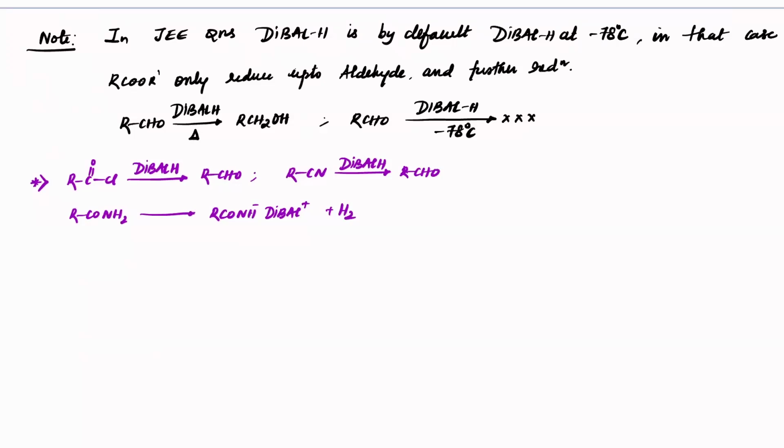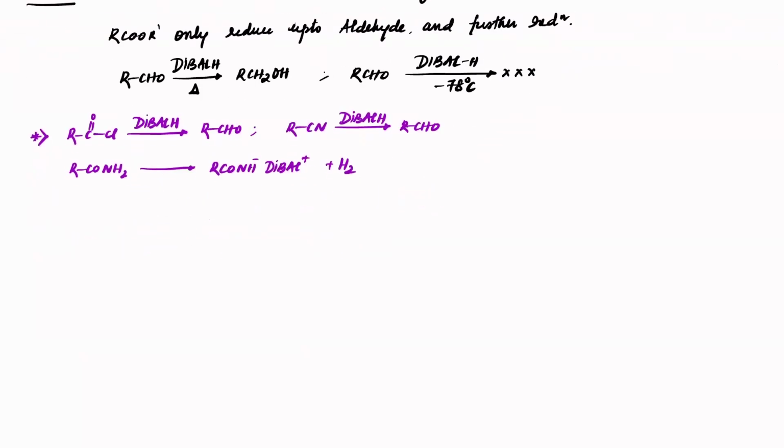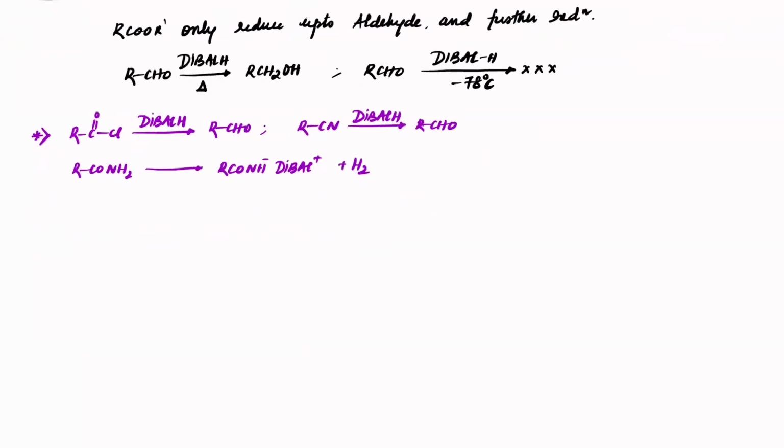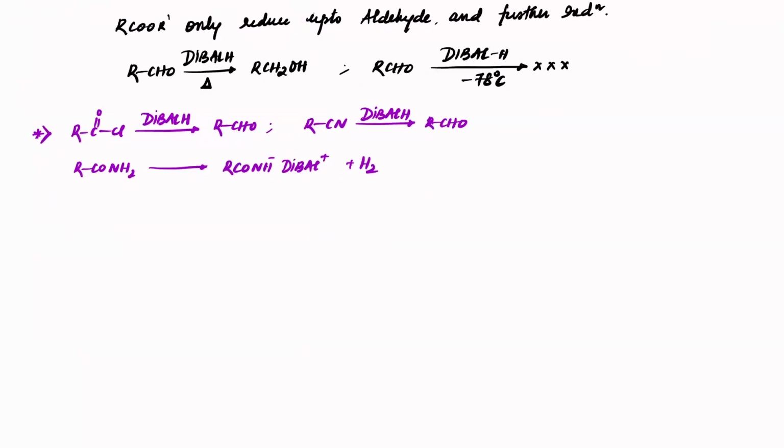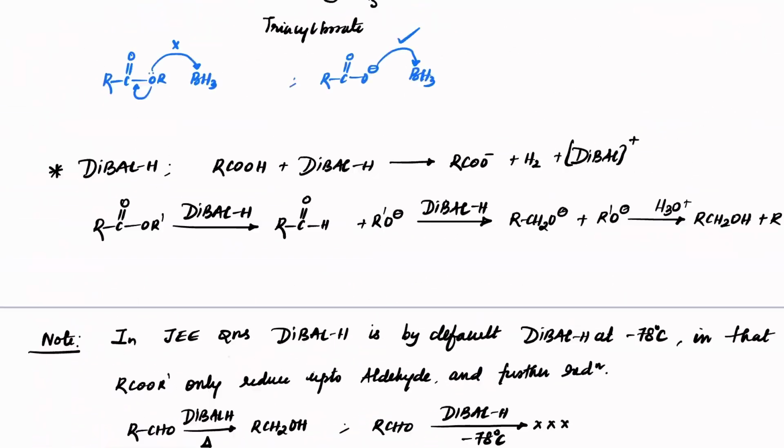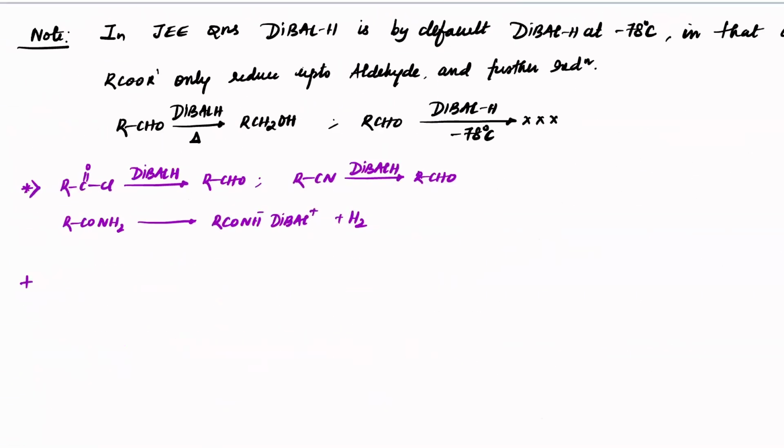I guess this part is done. Next. The next reagent which can be used for reduction of acids is dissolved metals.